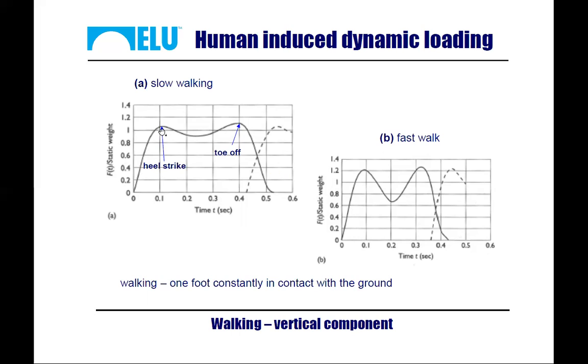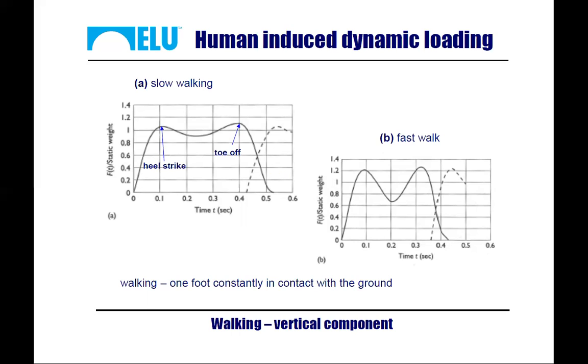What you see here is, of course, the fact that at certain points in time, the actual dynamic force which is applied on the bridge is higher than the static weight.